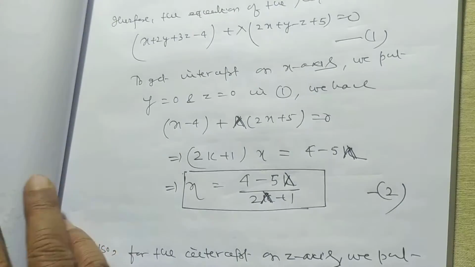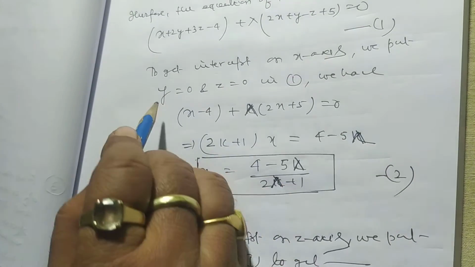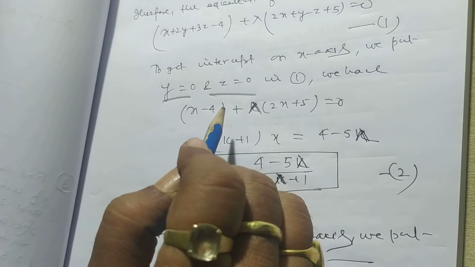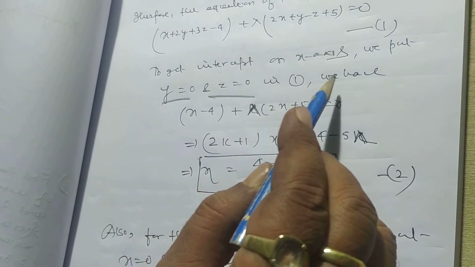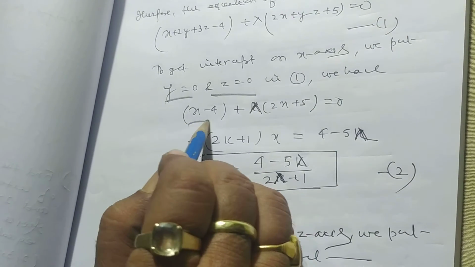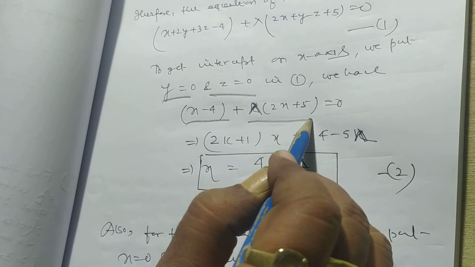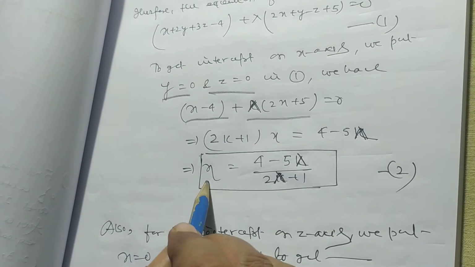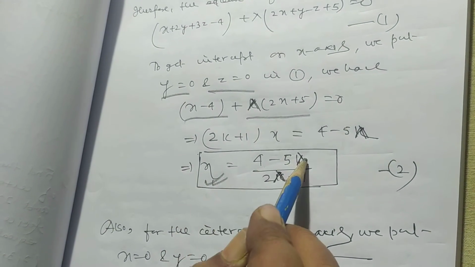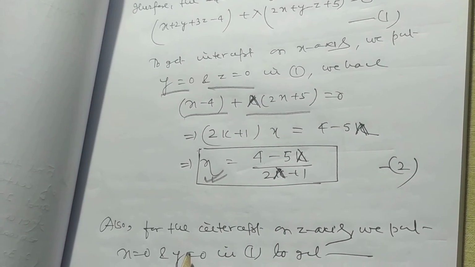To get the intercept on the x-axis, we put y is equal to 0, z is equal to 0. You know this trick. And we have x minus 4 plus lambda times (2x plus 5) is equal to 0. And this will be x is equal to (4 minus 5 lambda)/(2 lambda plus 1).